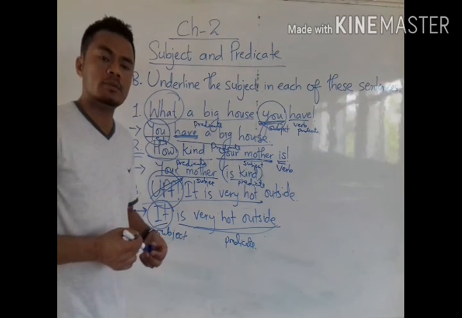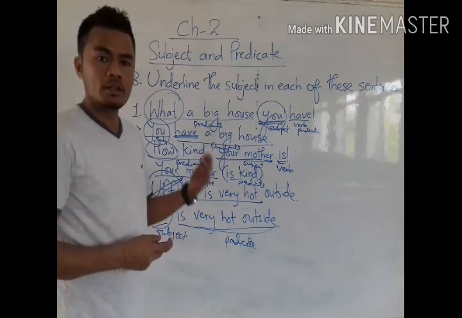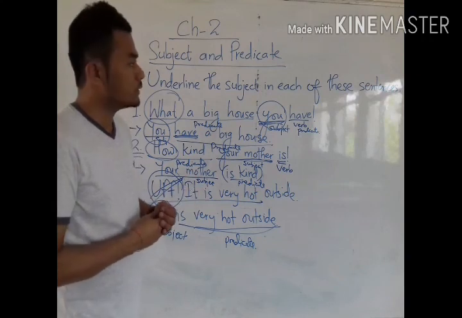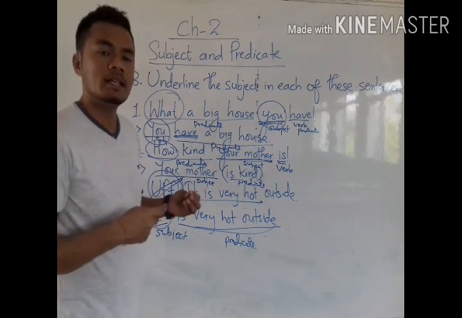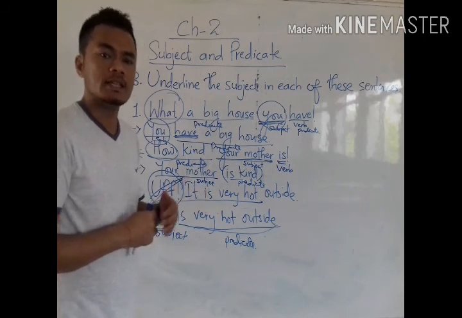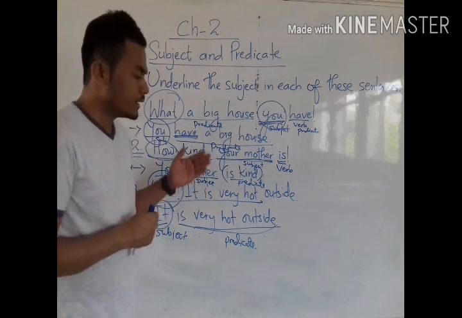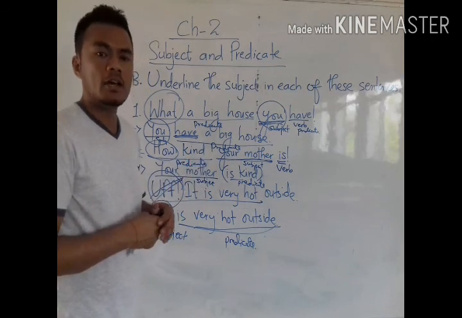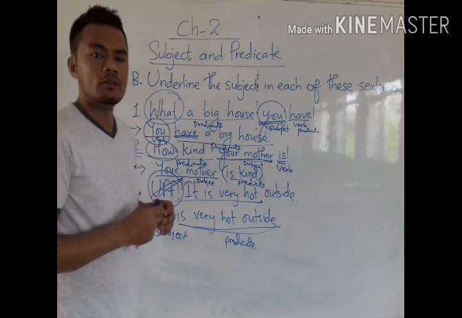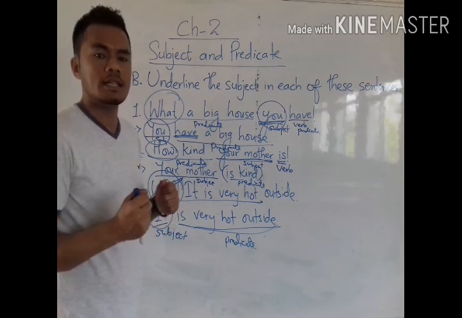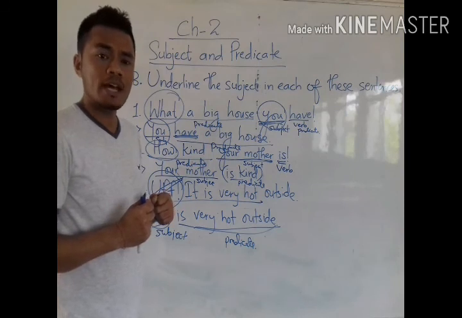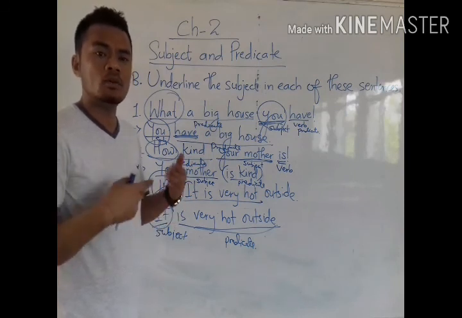So in this way you will be easily finding out subjects in each kind of sentence: assertive, imperative, interrogative and exclamatory sentences. I hope now you are able to do the rest of the exercises, and the last exercise, in which you have to write your own subject and predicate.